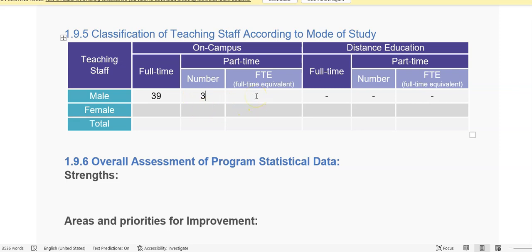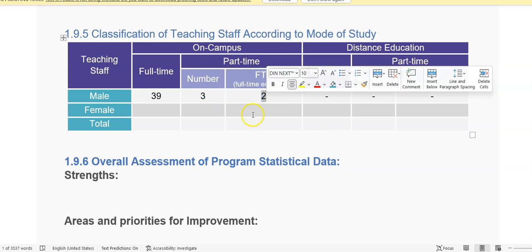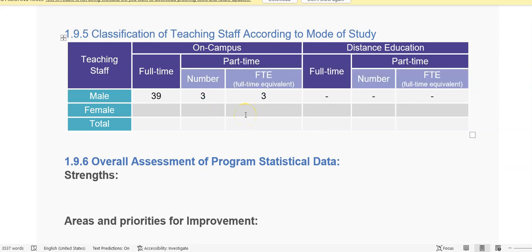Full-time equivalent, for example, 2. Or let's make it 3. Full-time equivalent means it is a part-time, but it works as a full-time regarding the load, the administrative work, the tasks. There are some part-time staff who are only for 1 or 2 courses.